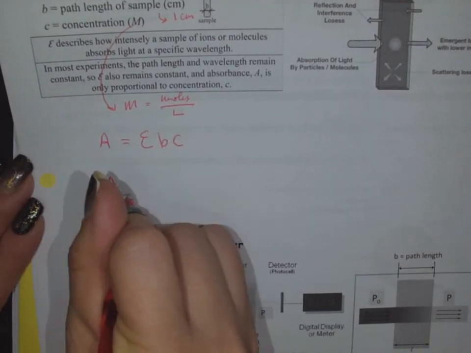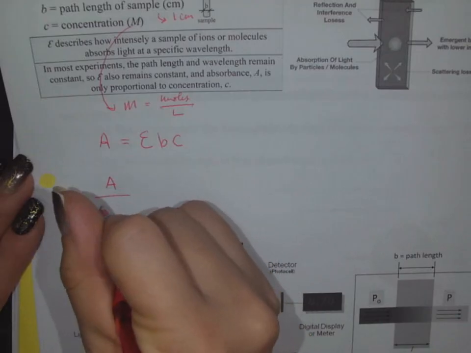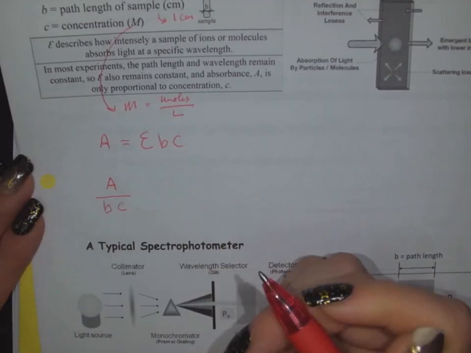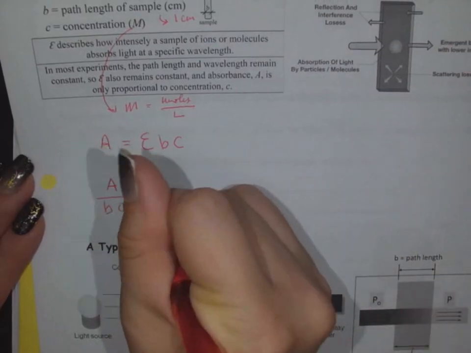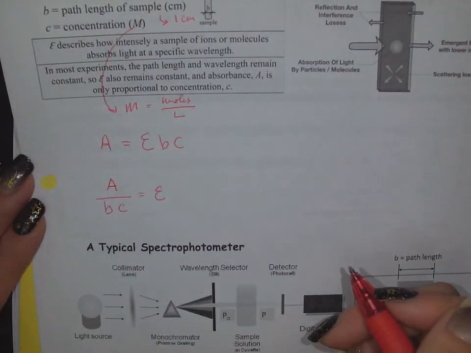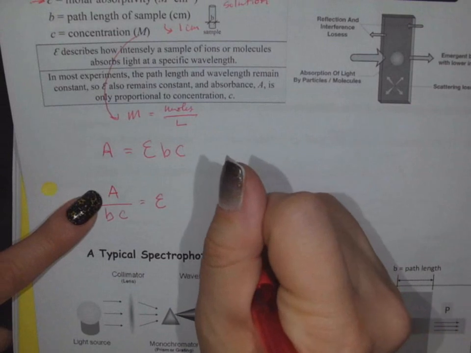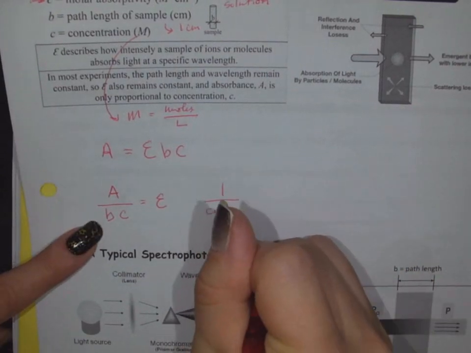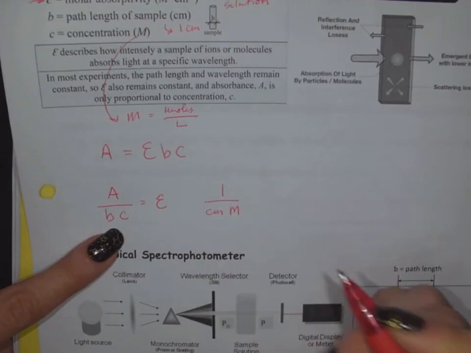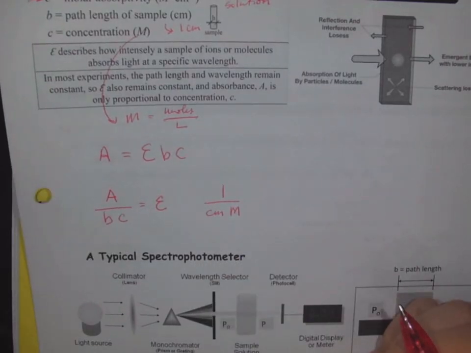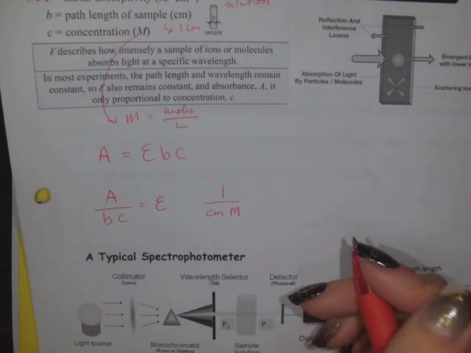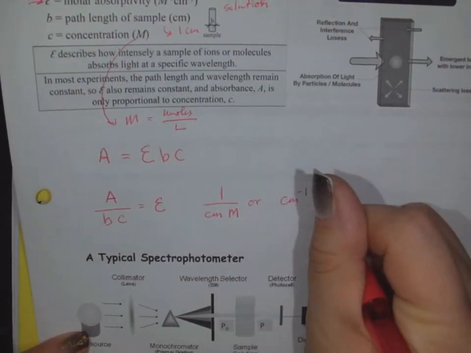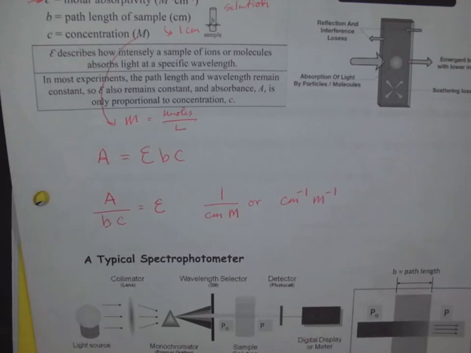So A, which is unitless, divided by B, path length in centimeters, and concentration in capital M, molarity, equals molar absorptivity. We're taking some unitless thing and dividing it by units of centimeters and by units of molarity. And so it's per centimeter per molarity, or another way of saying this would be centimeters to the -1, molarity to the -1.